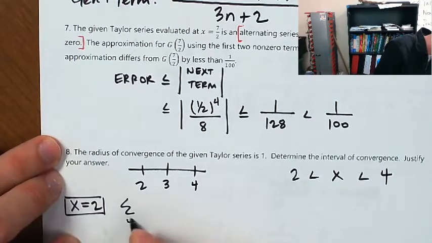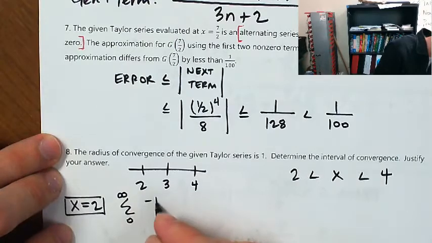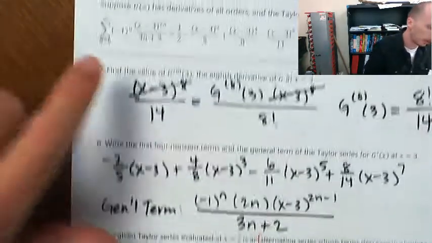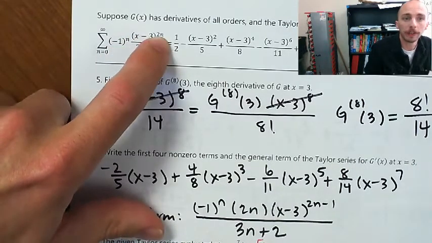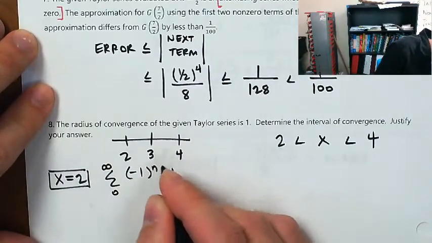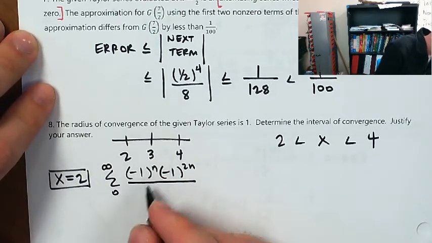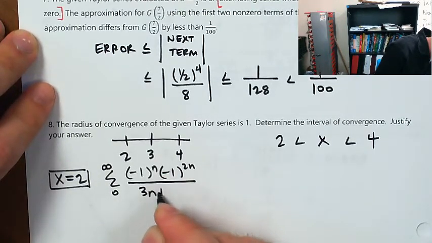But I think it's actually easier to just look at the sum from 0 to infinity of (-1) to the n that was already there, times (2 minus 3) to the 2n, which is going to be (-1) to the 2n, divided by 3n plus 2.